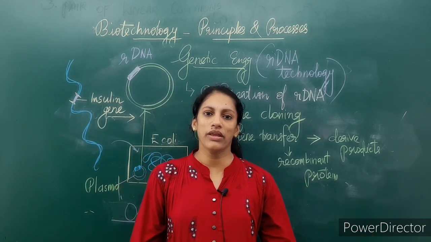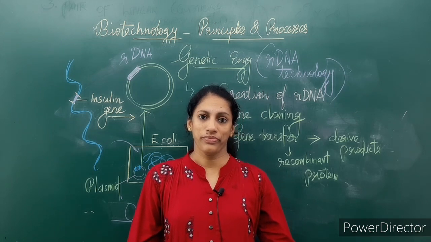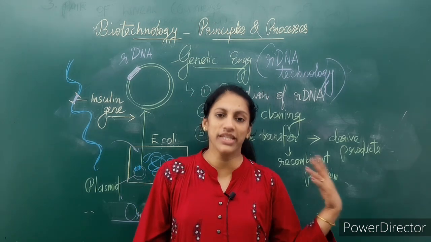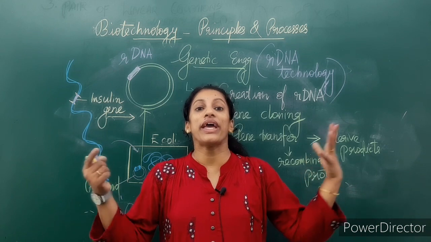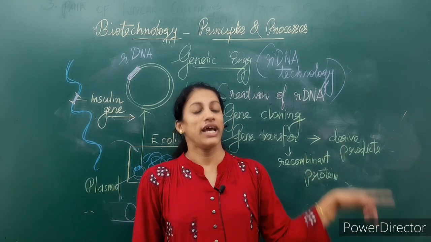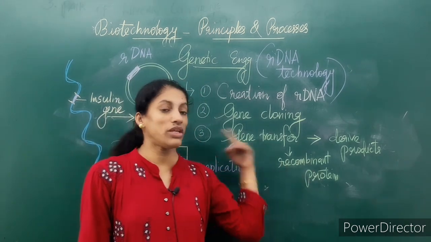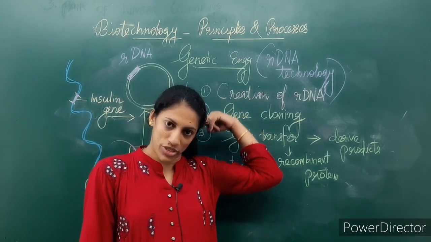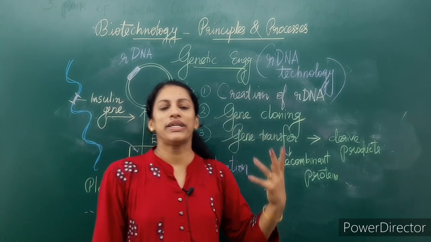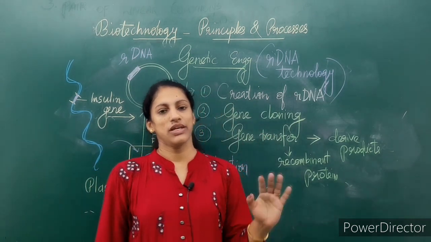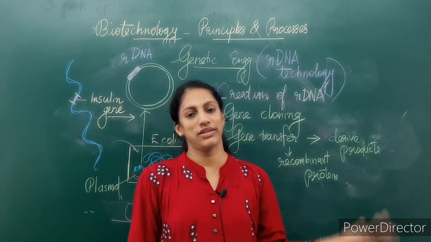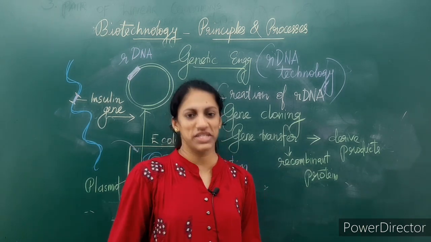If it is simply remaining as insulin gene, what is the use? No need of insulin gene for us. We need insulin. So, we need to express that gene. All those techniques come under the production of recombinant protein. Recombinant protein here is insulin. In order to produce insulin, we should have better gene expression facilities, which we will discuss in the chapter.